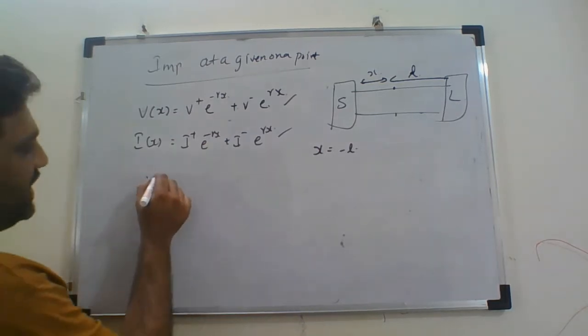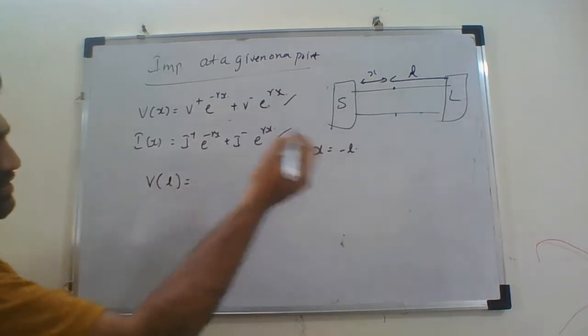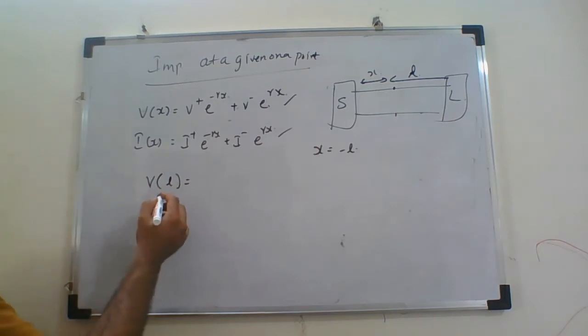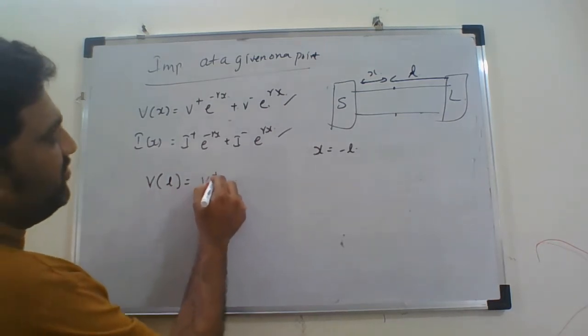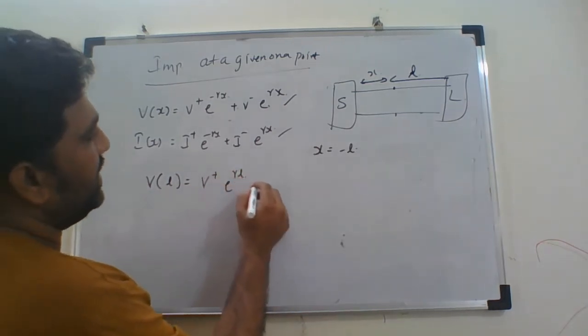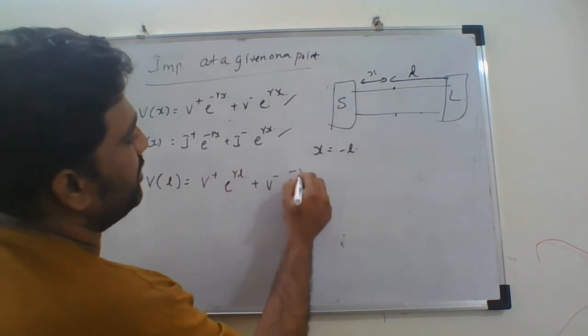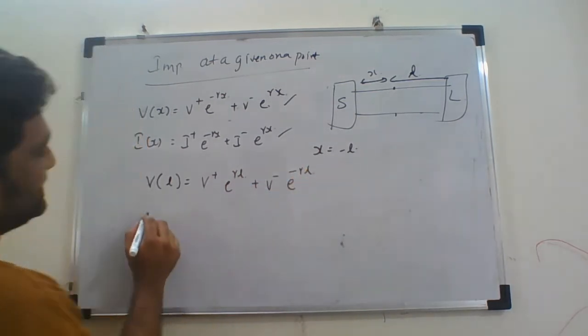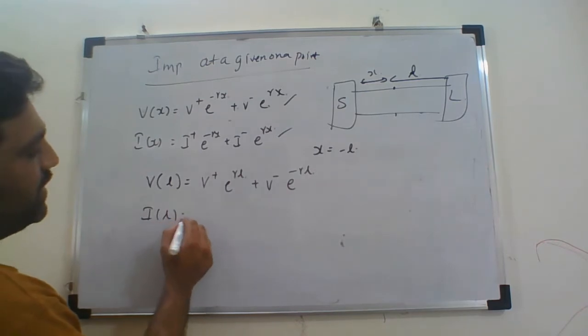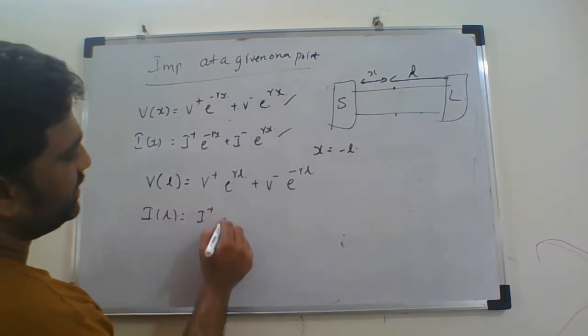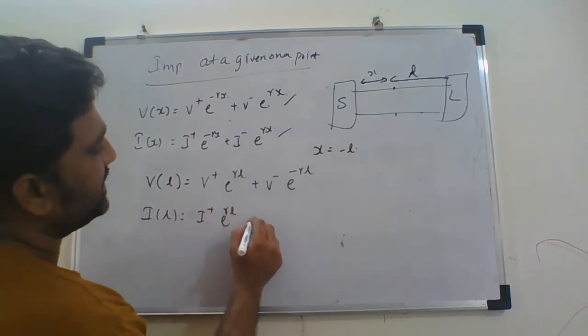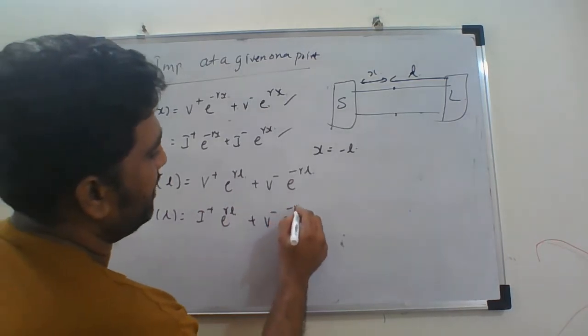So the voltage from the load end, V of l, is equal to V plus into e power gamma l plus V minus into e power minus gamma l, and similarly I of l is equal to I plus into e power gamma l plus I minus into e power minus gamma l.